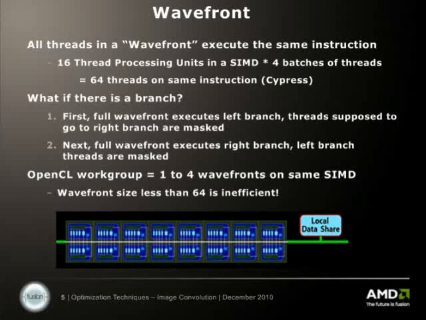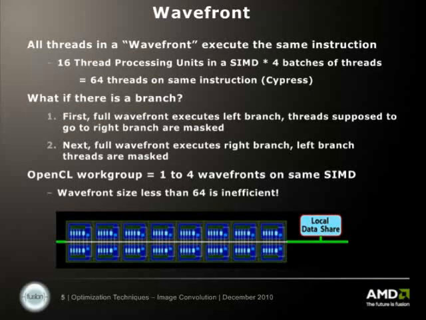So what will happen is that the whole wavefront, that is all the 64 work items, will execute the left branch, right? And that one particular work item which is supposed to go to the right branch will be masked. After we finish the left branch, we'll go back to the start and we'll execute the right branch for all of the 64 work items.